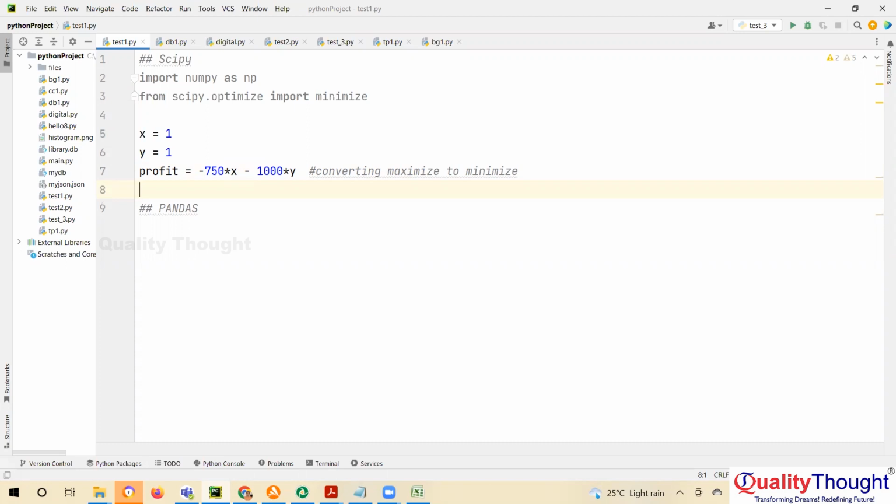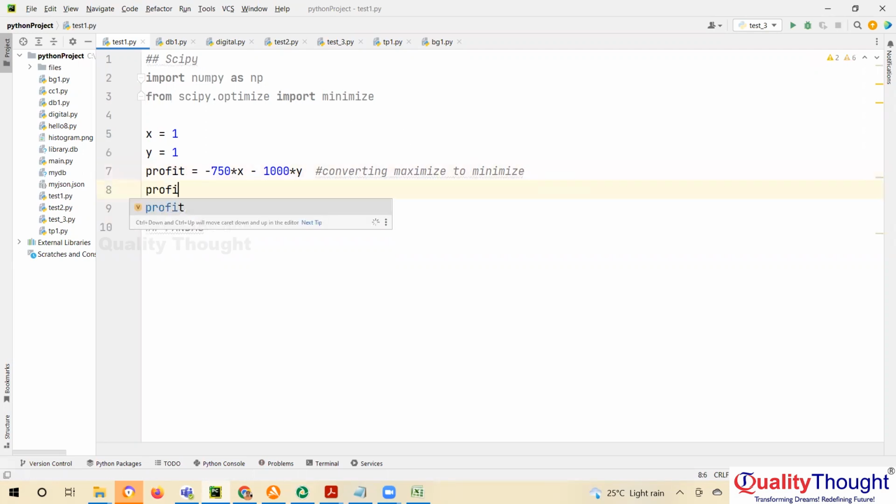Now we have to create what is called the objective function. It's a list. I'm going to say profit desktop equal to 750.